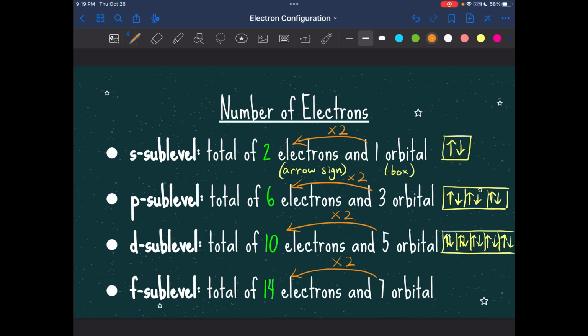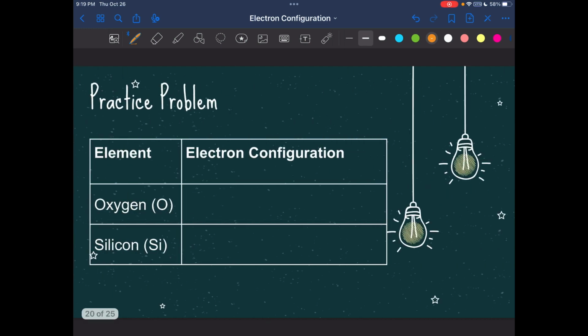Now for the F sublevel, I'm not going to draw the boxes because I don't have room. But also, we're not going to go over as much for F blocks, unless you're in honors or so. So I just want to make sure you guys know the basics of how to set this up. So let's try out some questions.